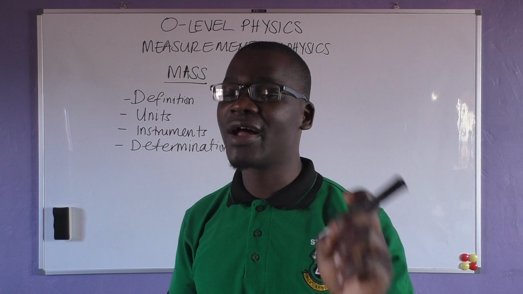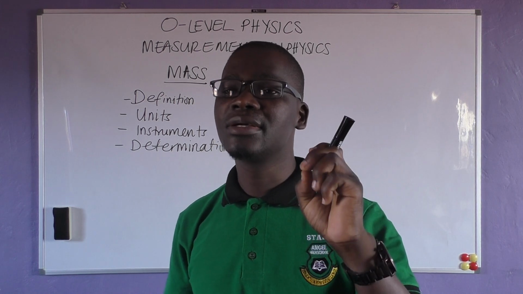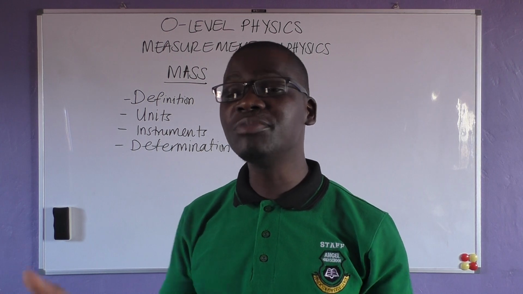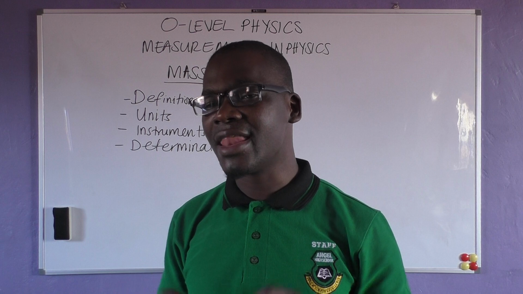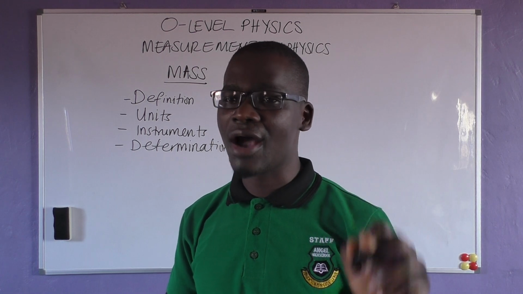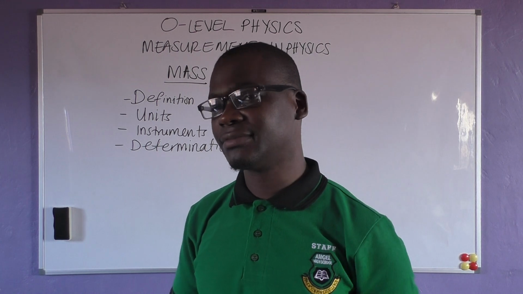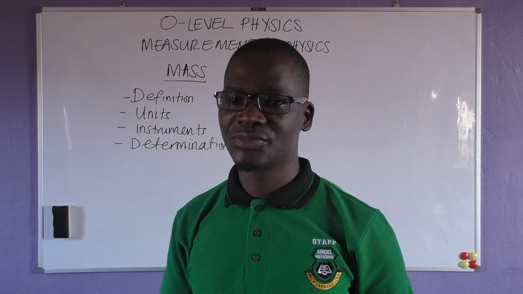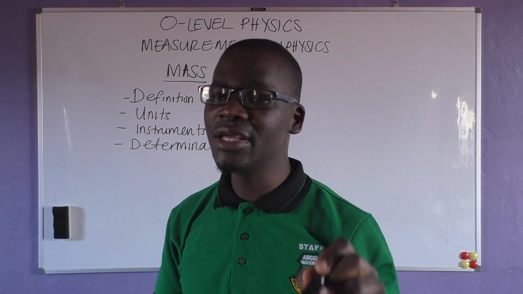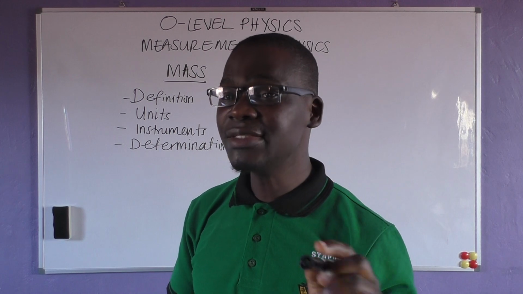Then the mass of a liquid. Since a liquid takes the shape of the container or cannot be poured directly on the beam balance, we shall use a container whose mass is first measured and noted. We shall consider a dry, clean container, first weigh it and get its mass.